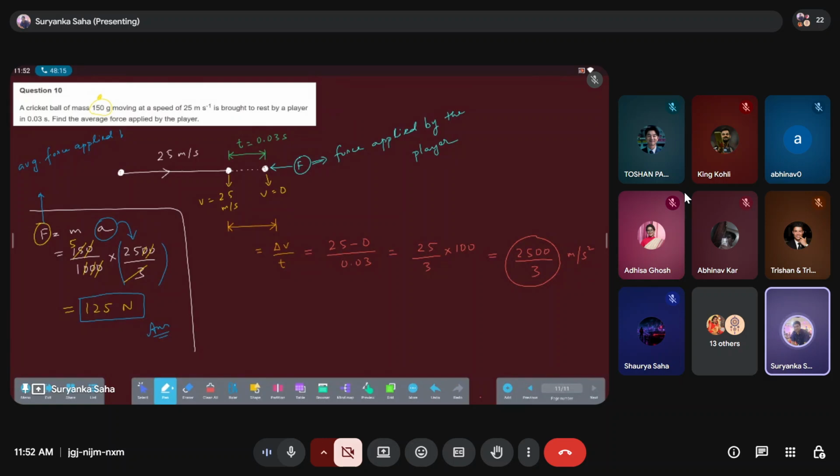Average force applied by the player, to stop the ball. You can write that.